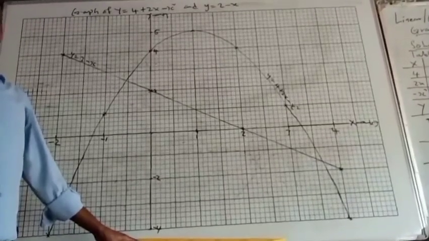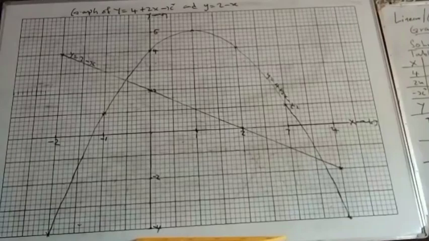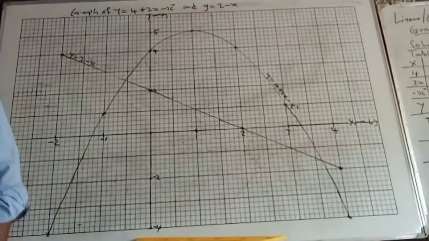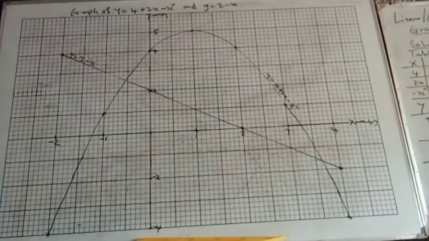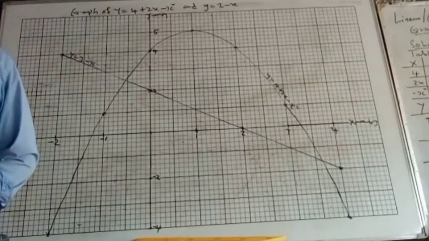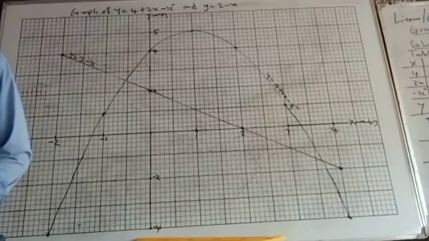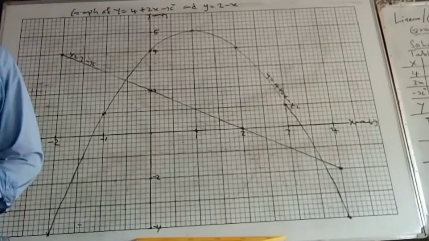What is the first question? The sub question d part of the question. Using the graph, find the solution of this pair of simultaneous equations. Is that the first one?